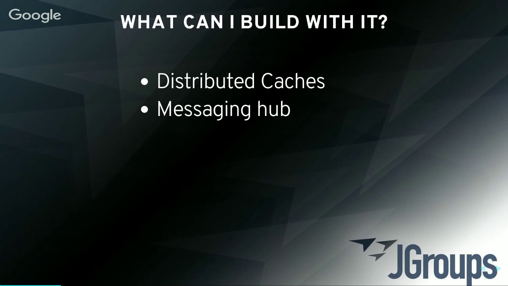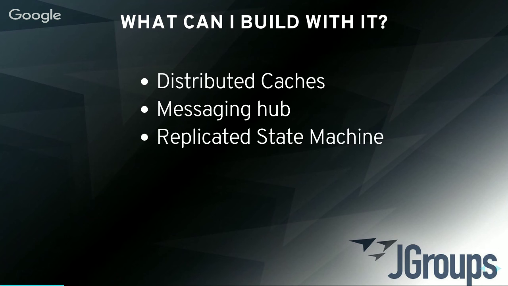But there is a small note here: if you're looking for a more sophisticated system, you probably should look into a solution which has been designed only for messaging, like Kafka or JMS. JGroups is only a very low-level, very basic tool, so you need to have this in mind when using it.